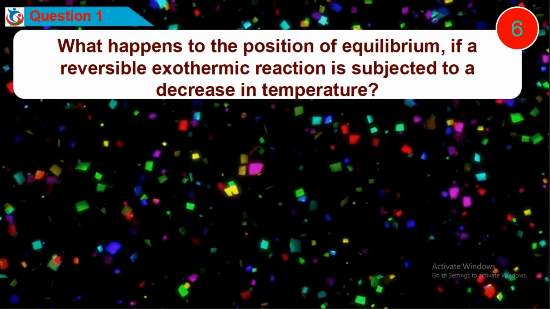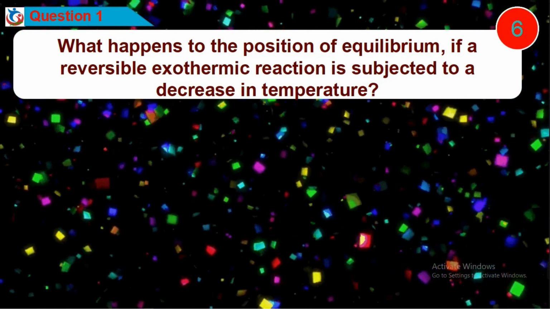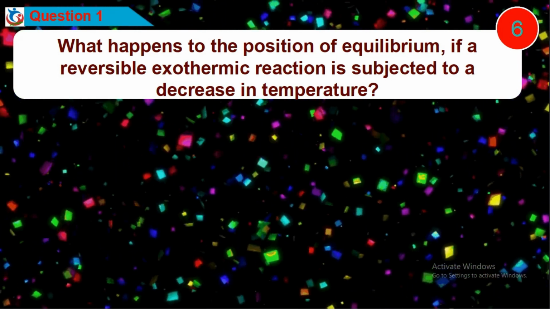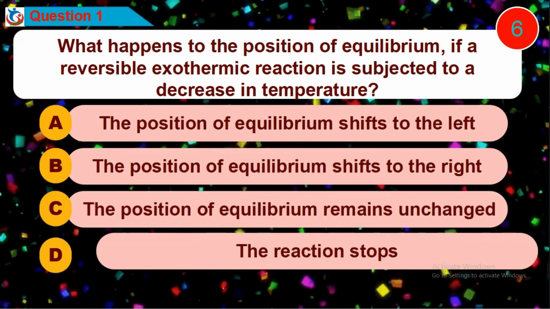Question 1. What happens to the position of equilibrium if a reversible exothermic reaction is subjected to a decrease in temperature? Is it option A, B, C, or D?